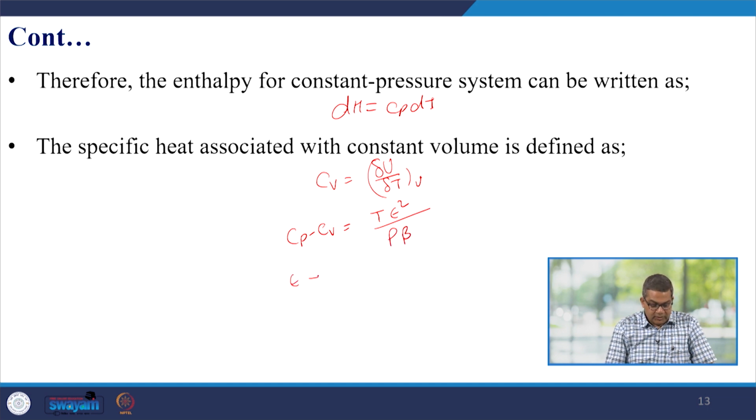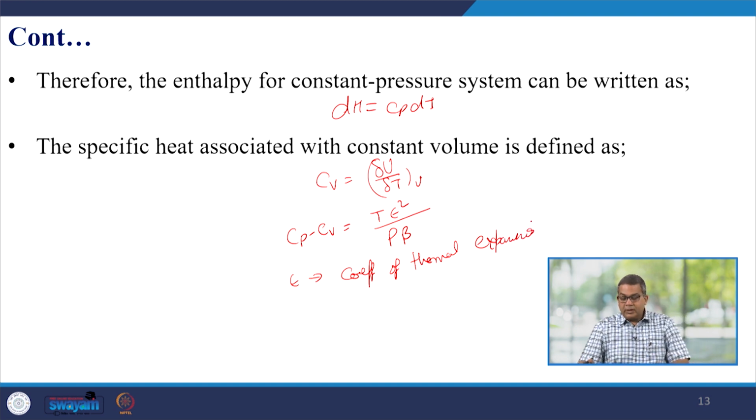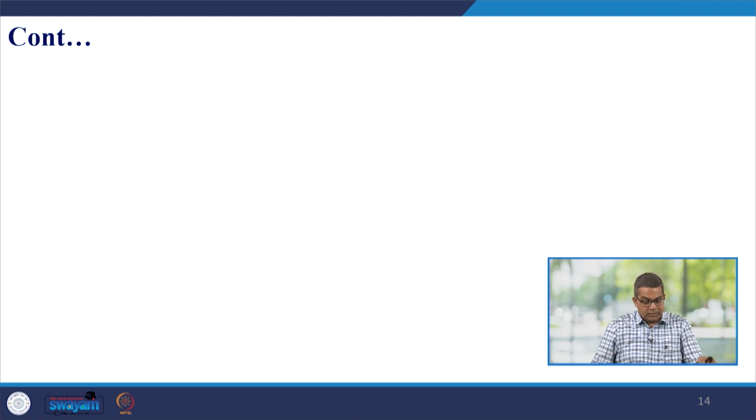Now, epsilon is the coefficient of thermal expansion. It is quite evident that whenever you are heating any polymer, there may be certain expansion attributed to the chains and all those things. So, you need to have this information handy.